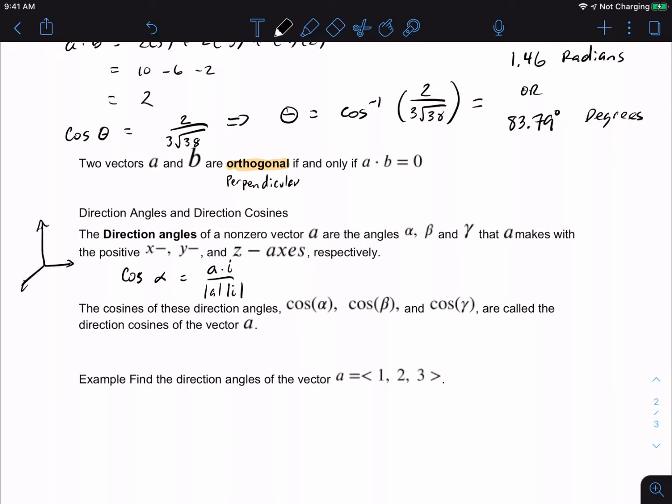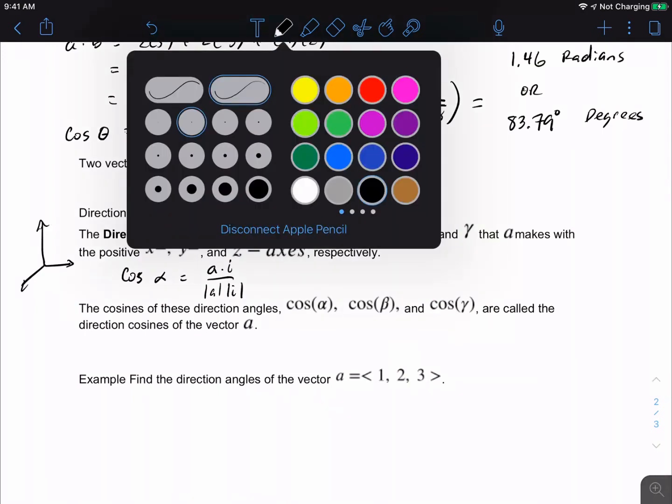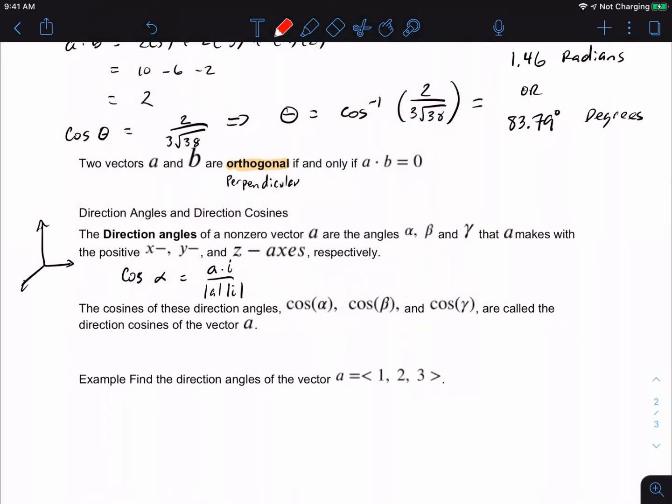if you have the X, Y, and Z coordinates, the I is a vector along the x-axis that has a length of 1. It's called a unit vector.